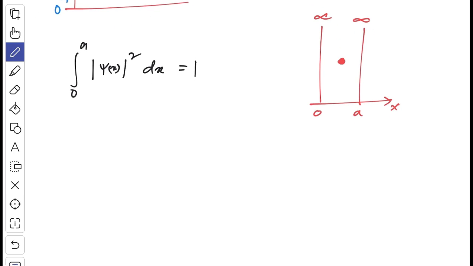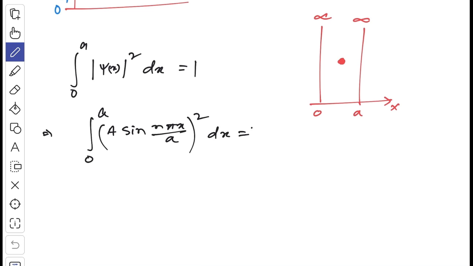So now let us put what is psi of x. That is nothing but A sin n pi x by a. So here it's going to be whole squared, dx is equal to 1, which can be written as A squared, integration 0 to a, sin squared n pi x by a dx is equal to 1.